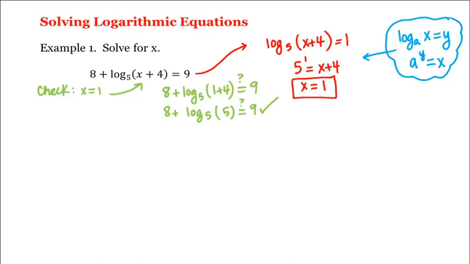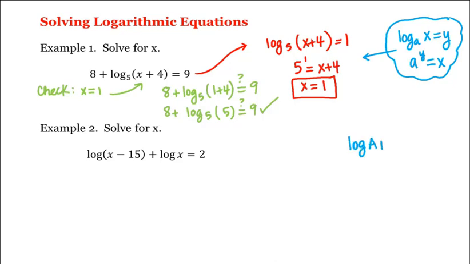All right, let's see another example. Let's solve this equation for x. Now we can begin here by condensing the left-hand side into a single logarithm by using the following property. The log of a plus the log of b is equal to the log of the product, a times b.